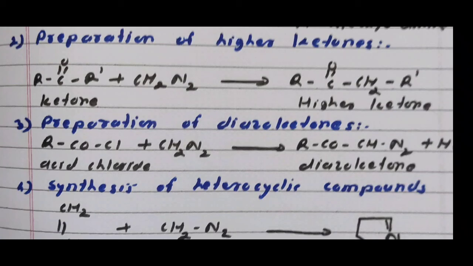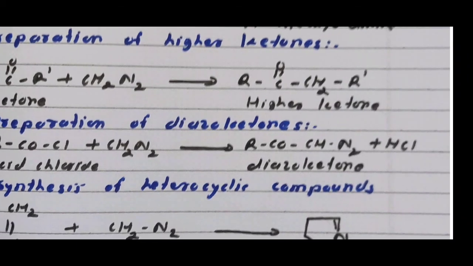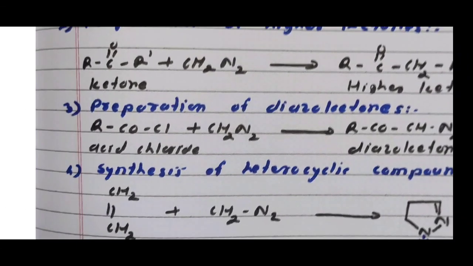They are versatile compounds used to form products like acid, ester and amide. Therefore RCOCl plus CH2N2 forms RCOCHN2, diazoketone, plus HCl. This is the third application of diazomethane.